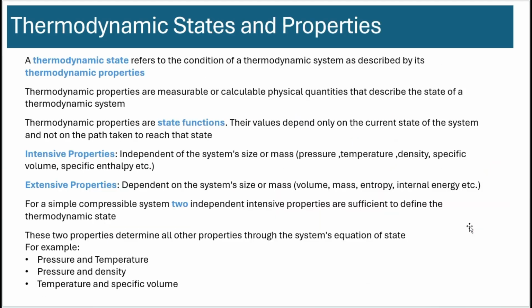All right. The next aspect of thermodynamics, or the terminology that you should learn, is thermodynamic state and also thermodynamic property. They have to be defined almost simultaneously. A thermodynamic state refers to the condition of a system that we just defined.